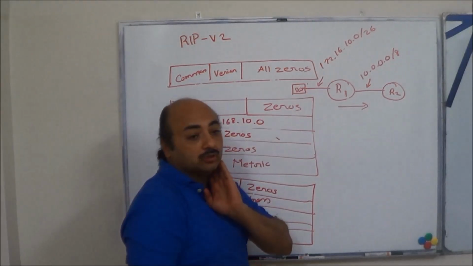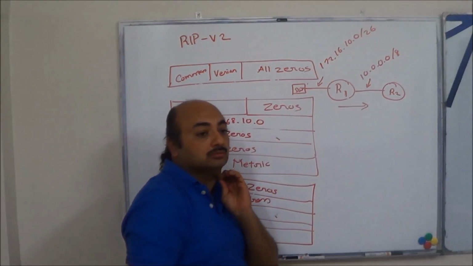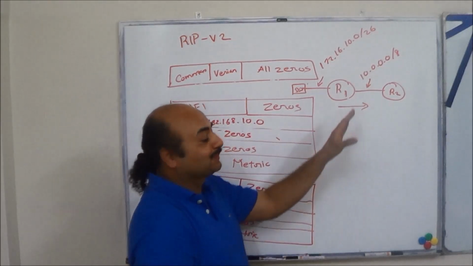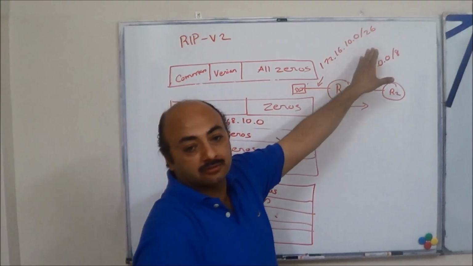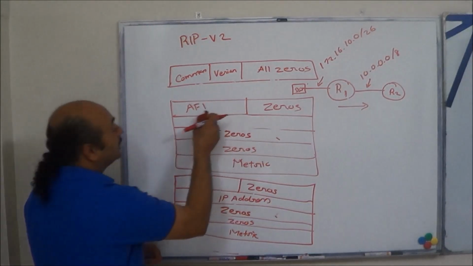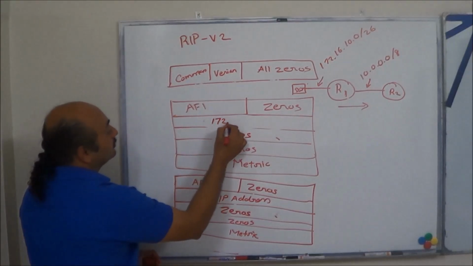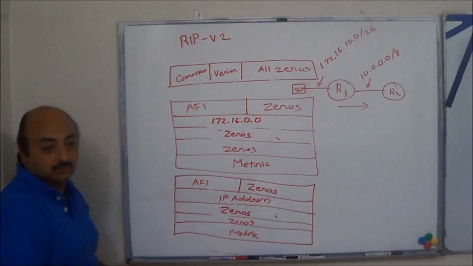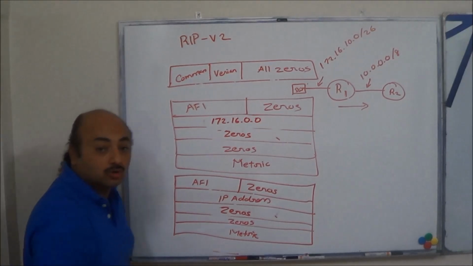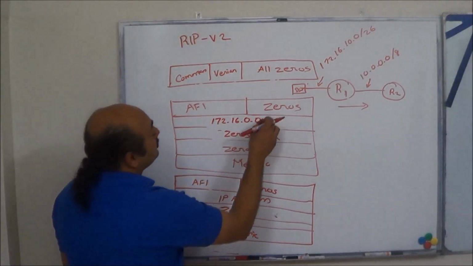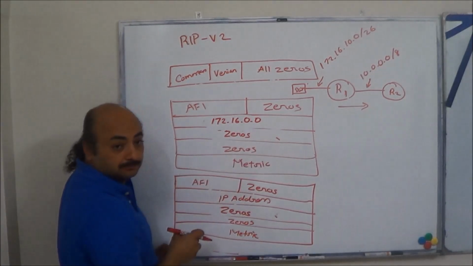RIP version 1 would send what? 172.16.0.0. That is what it would have sent. In this case, it is summarizing. RIP version 1 automatically summarizes at the network boundary. In this case, the zeros were there.